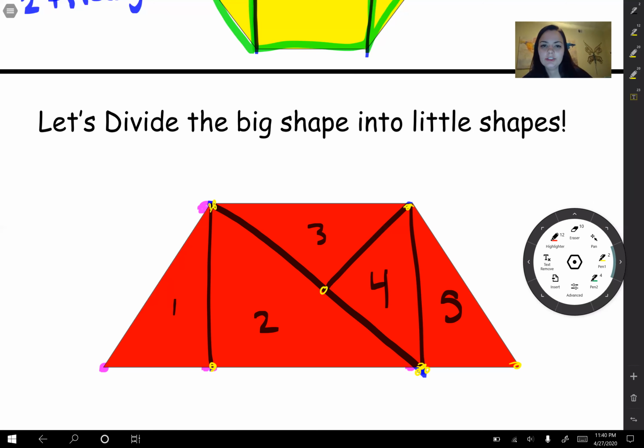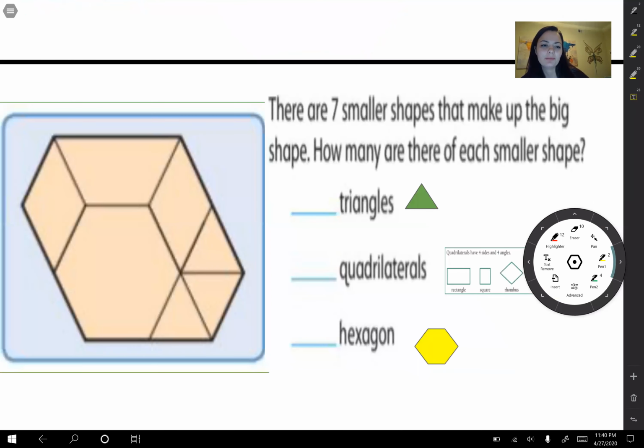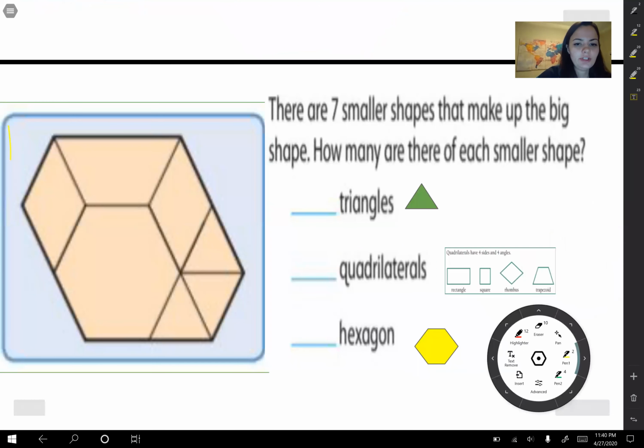Last one we're going to do, there are 7 smaller shapes that make up the big shape. So we're looking at this shape right here. There are 7 smaller shapes that make up the big shape. How many are there of each smaller shape?